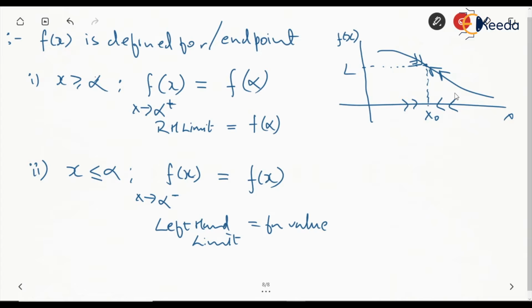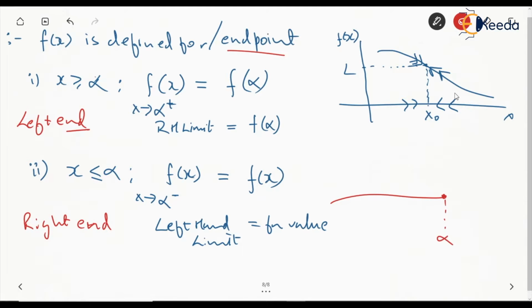It is not defined after that point. In that case, we are checking at the endpoint. So this endpoint is the left end, and this is the right end, right? If it is defined for x less than or equal to alpha, then this will be alpha, and if it is greater than alpha, then it will be like this.